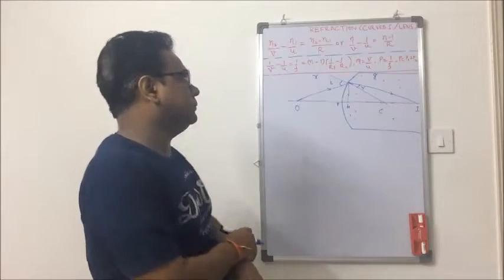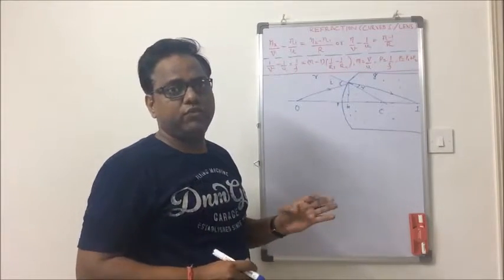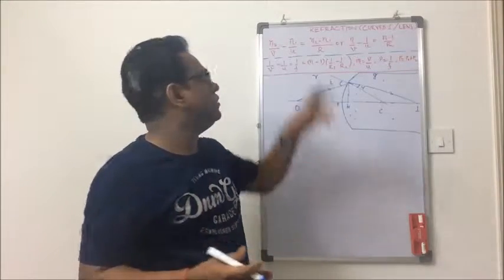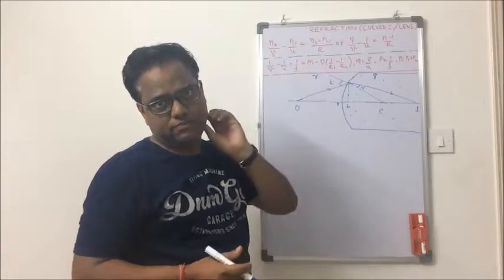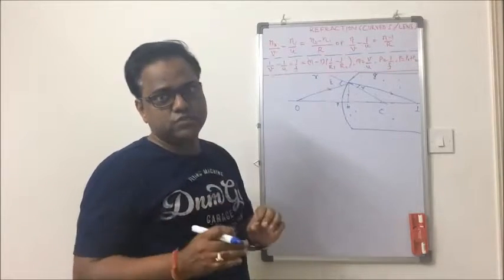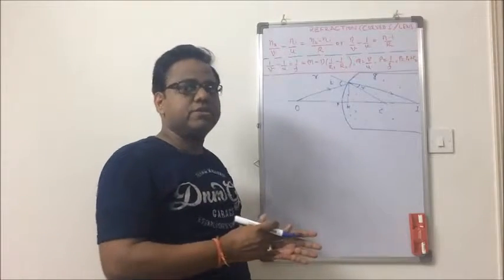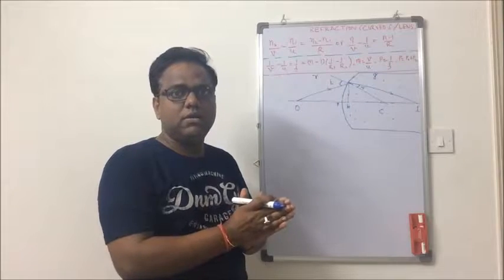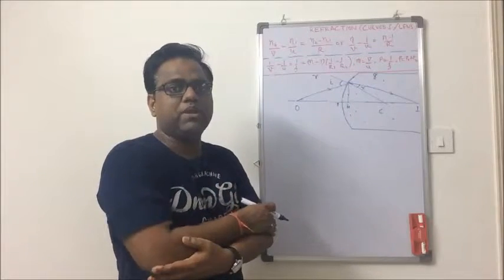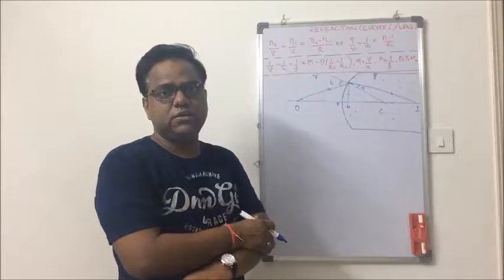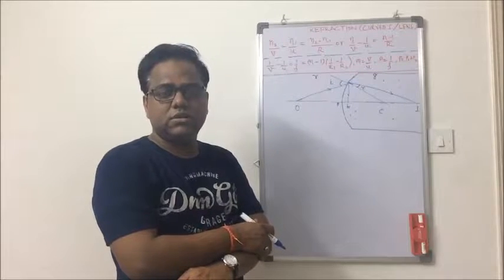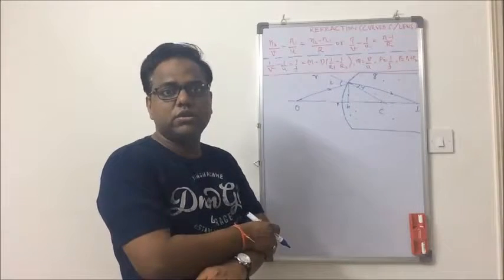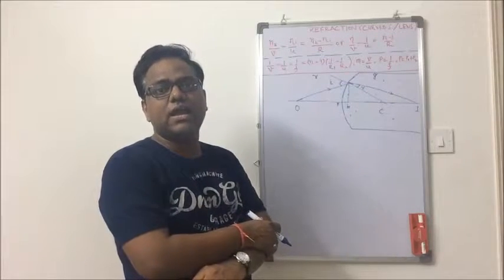Okay, so now in a similar way we will use trigonometry and try to find the relation between U and V. Alright, but the difference would be that in the case of mirrors, our I was equal to R, but here, because some time back we learned about refraction, we have the relation sin I divided by sin R equal to N2 by N1.